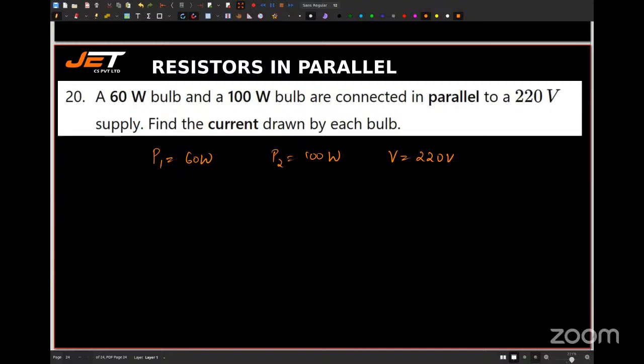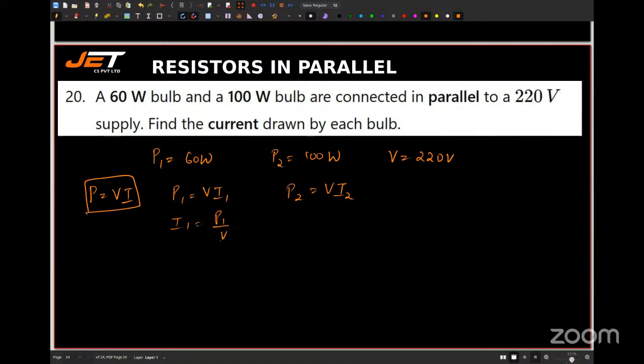So what is the power formula? It is V into I, right? So P1 is equal to V into I1 and P2 is equal to V into I2. So what will be I1?